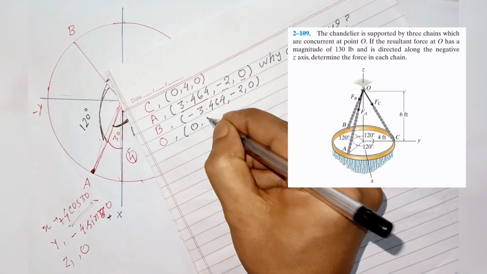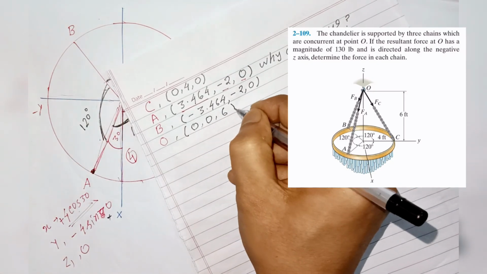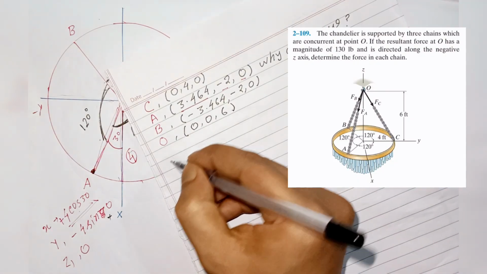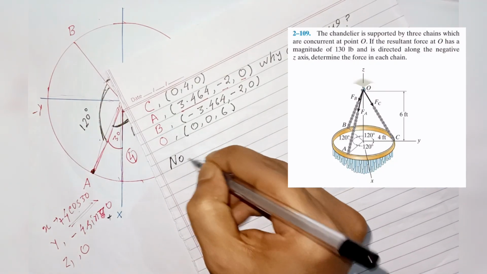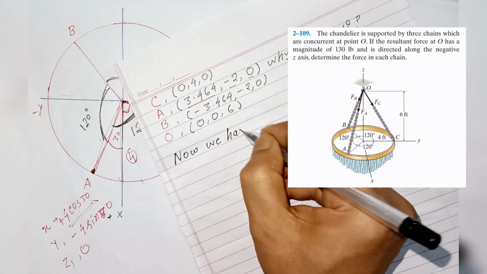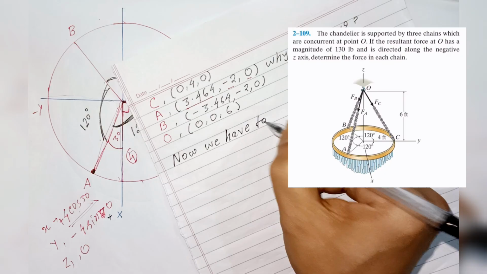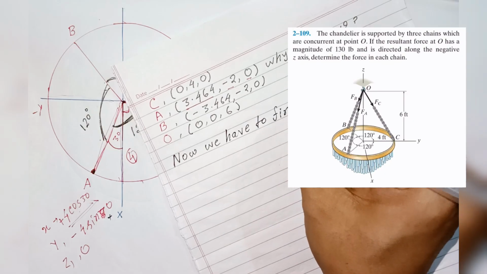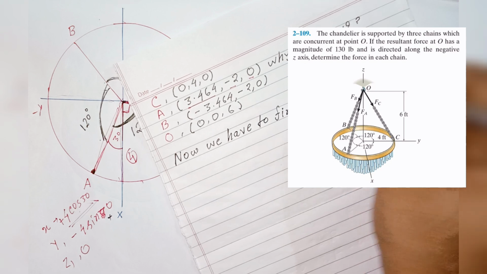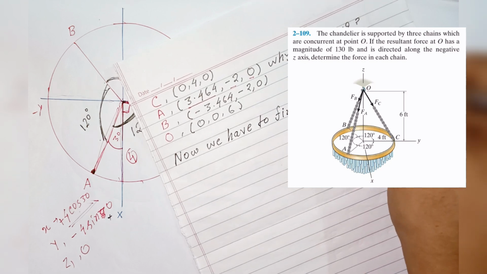So now I have 4 coordinates: A, B, C, and O. Now we have to find the position vector of each chain length, meaning OA, OB, OC vectors. If you are stuck and can't figure it out, just drop a comment. I will explain it again in the next lecture.